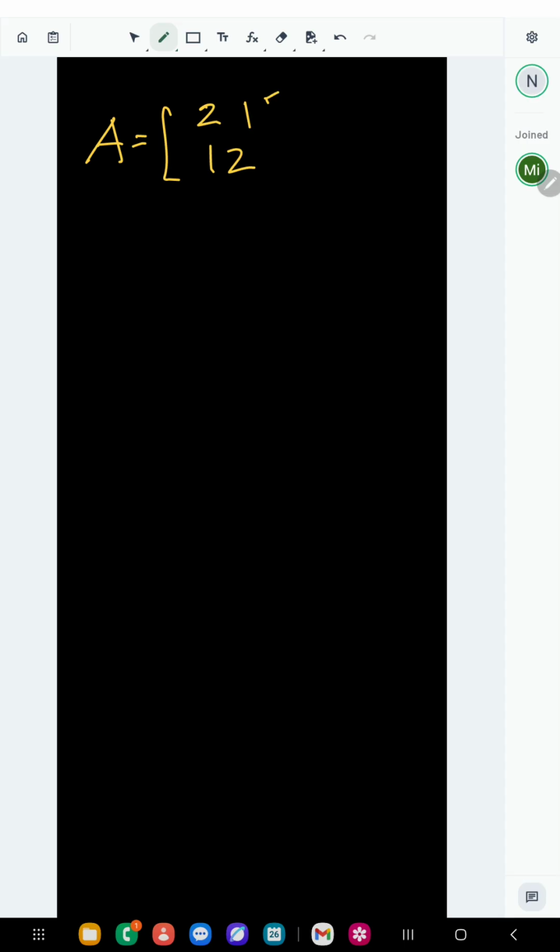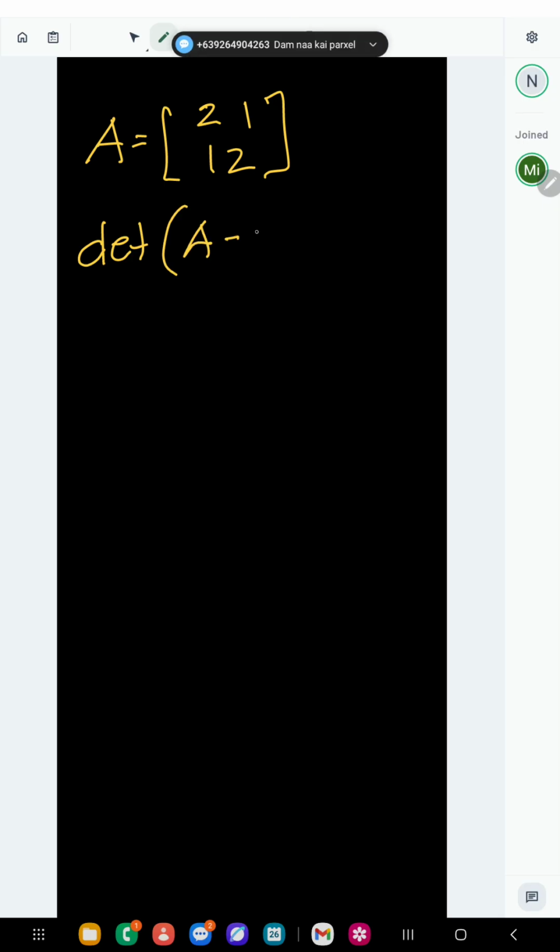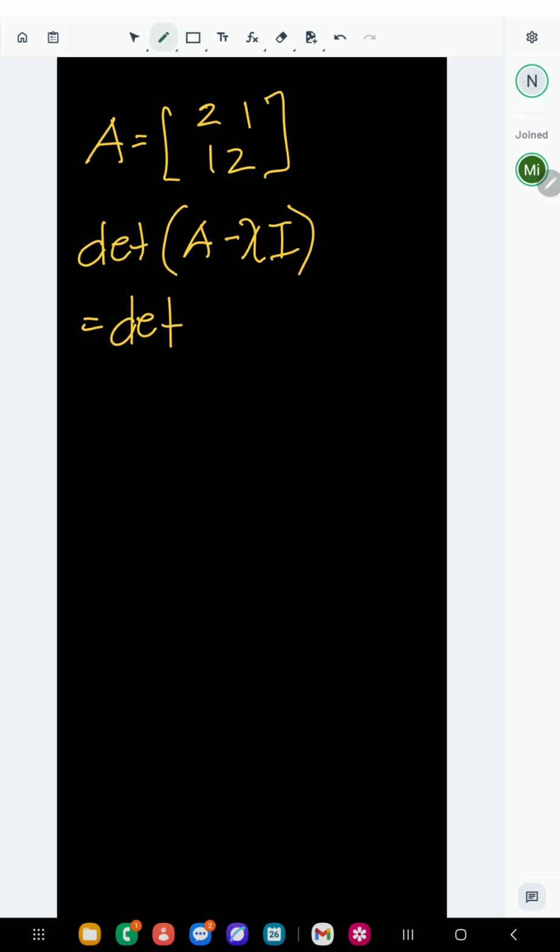So this is to calculate the eigenvalue. Let me just show you. To calculate the eigenvalue, you get the determinant of matrix A minus the eigenvalue times the identity, so the determinant of A minus lambda. The identity matrix is only 1, 0, 0, 0, 1, 0, 0, 0, 1, so it doesn't affect anything.